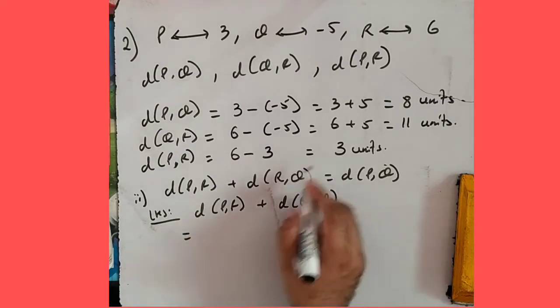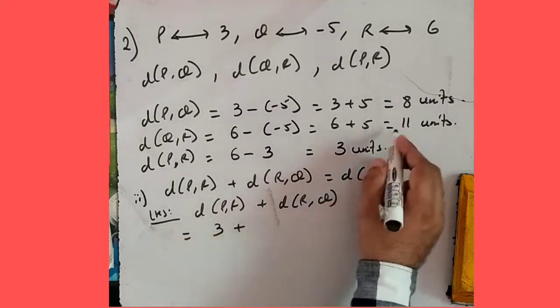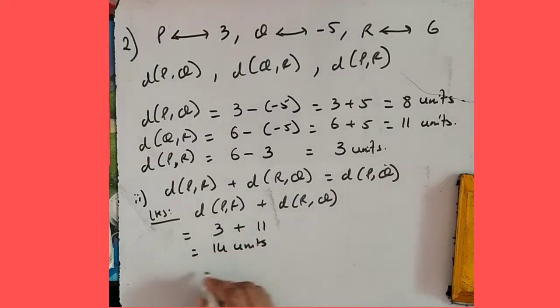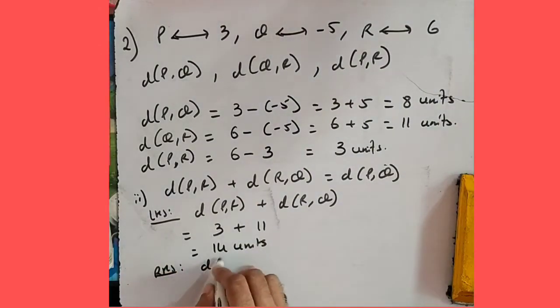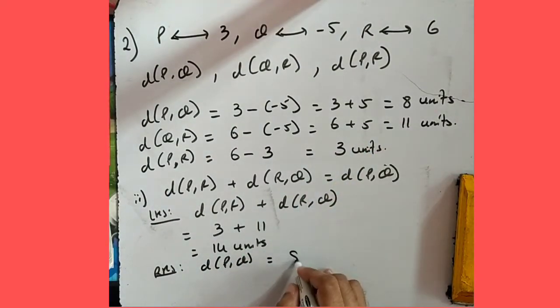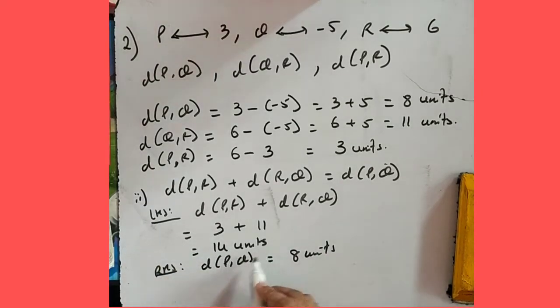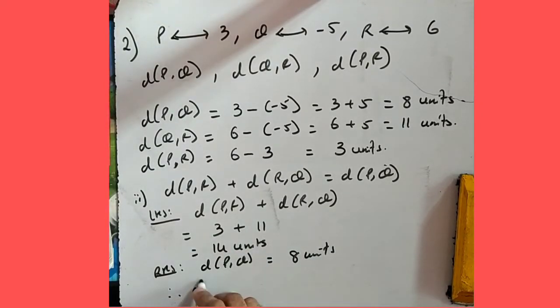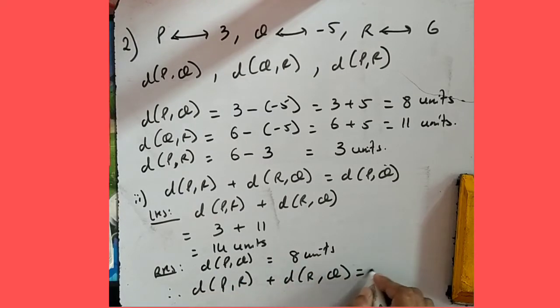In place of distance PR comes 3, in place of distance RQ comes 11, which is 14 units. RHS is distance PQ, which is 8 units. So LHS is 14 units, RHS is 8 units. They are not equal. Therefore distance PR plus distance RQ is equal to distance PQ is false.